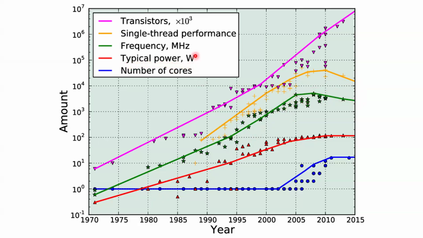Typical power, which we don't want, keeps increasing, but it increases slower in later years. So the performance that we want to improve, incorporating the number of transistors, can only be achieved by increasing the number of cores. In modern CPUs, processors, we usually have a larger number of cores.